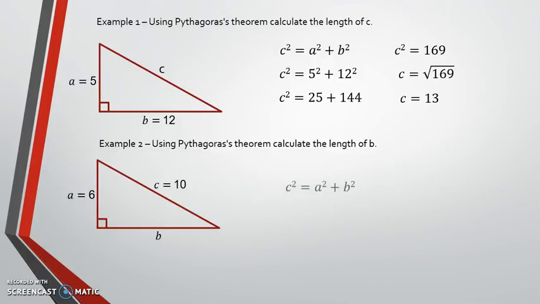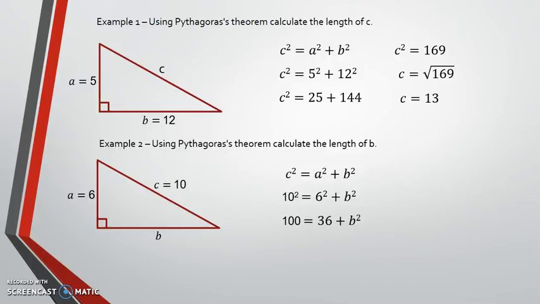Okay, so our rule is C squared equals A squared plus B squared. So C is 10 and A is 6. So 10 squared equals 6 squared plus B squared. 10 squared is 100, 6 squared is 36, plus B squared is equal to 100.